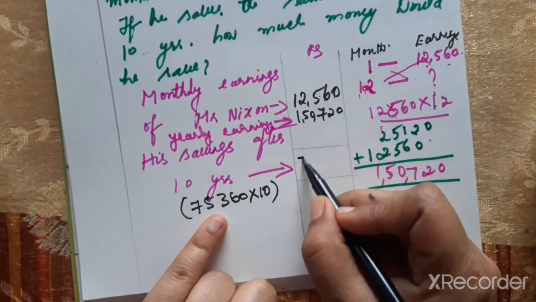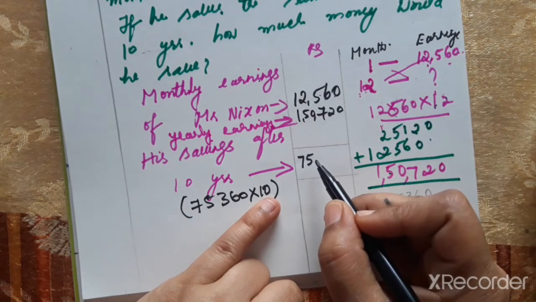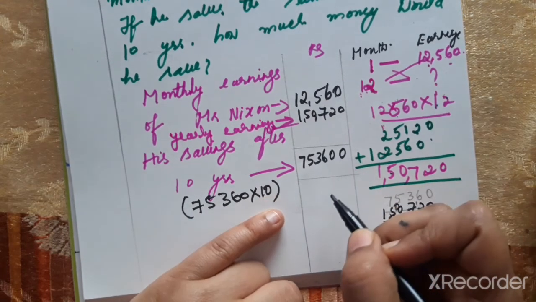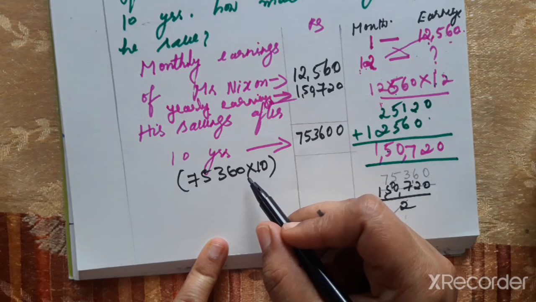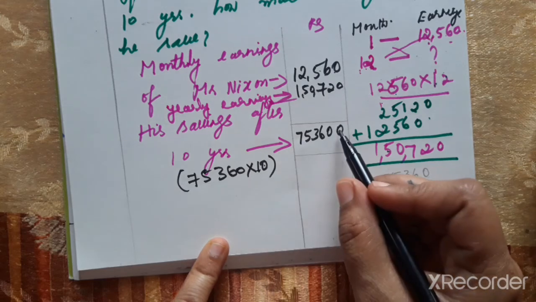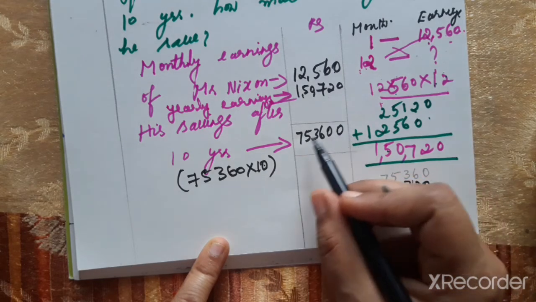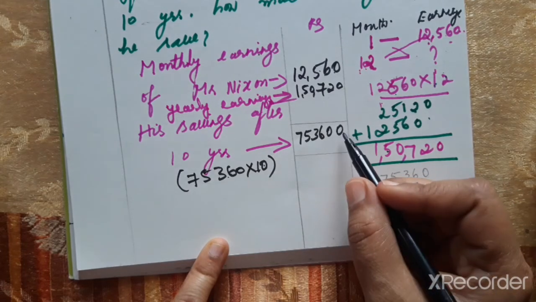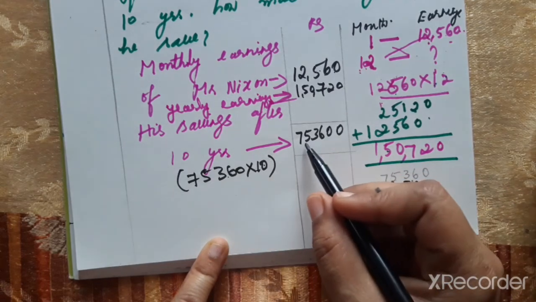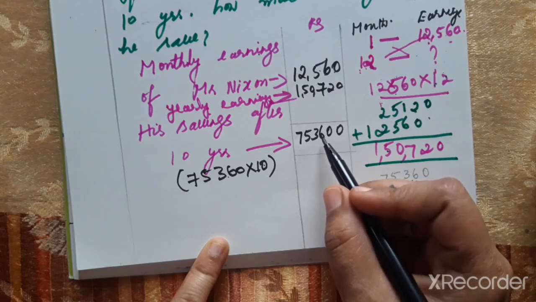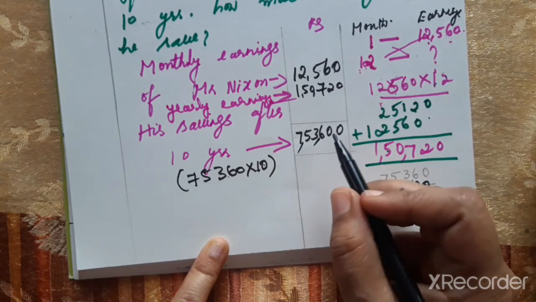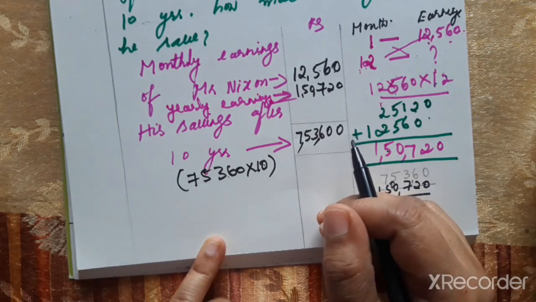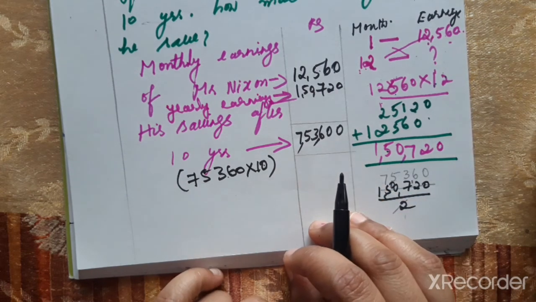We can write the answer directly because it is in tens form. 75,360 and 0. For 10 we write 10, for 20 we write the given number with 20, for 30 we write 30. Multiply this number, you get the same answer. The answer is 7,53,600. 7,53,600 is the 10-year savings.